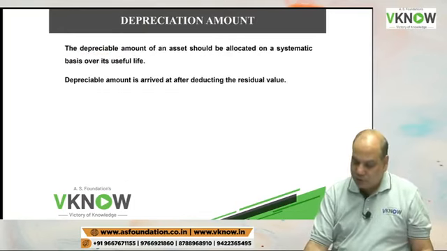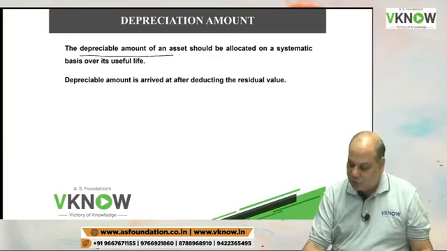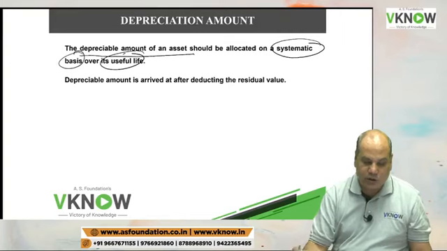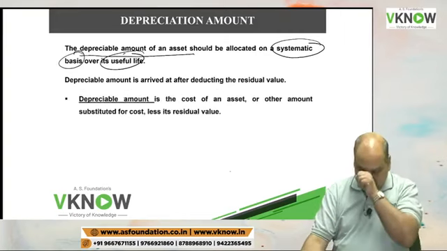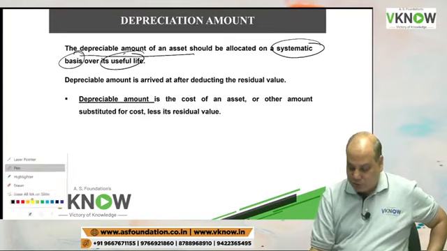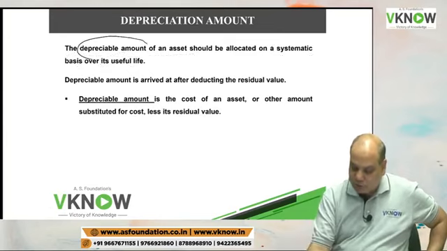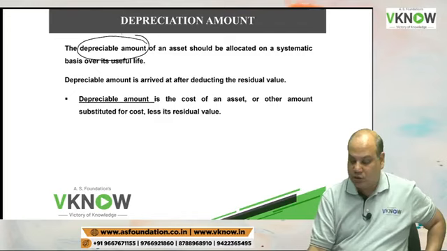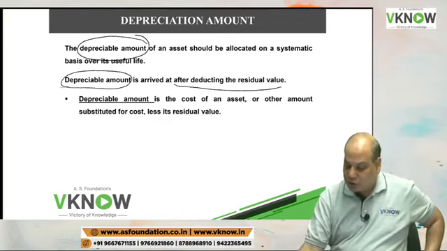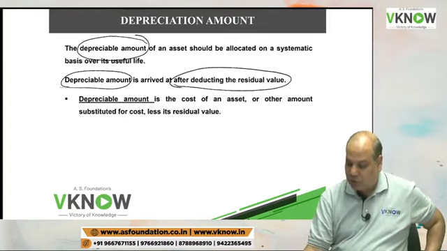Next point, depreciable amount should be allocated on a systematic basis over the useful life. So the question is, what is depreciable amount? Depreciable amount is the cost minus residual value.